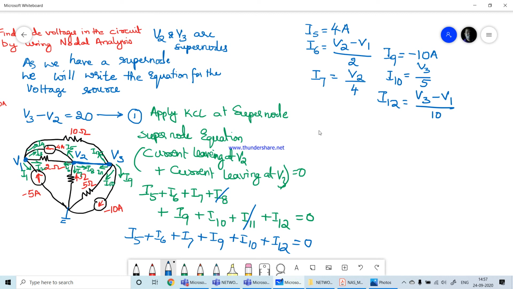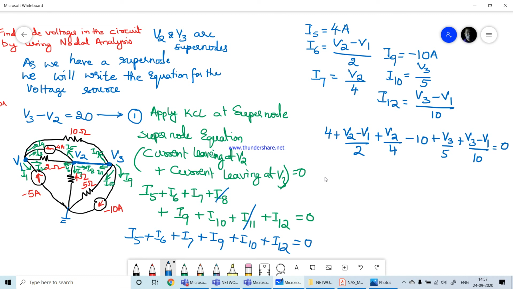Okay, now we'll add all these things. So we get 4 plus V2 minus V1 by 2 plus V2 by 4, then minus 10 plus V3 by 5 plus V3 minus V1 by 10 equals 0.